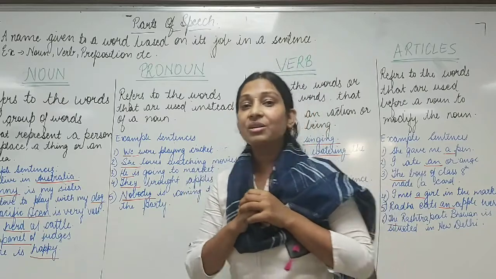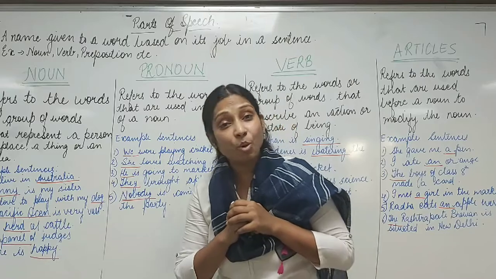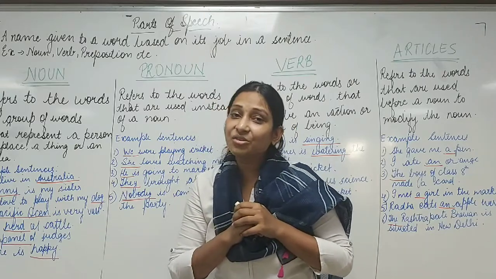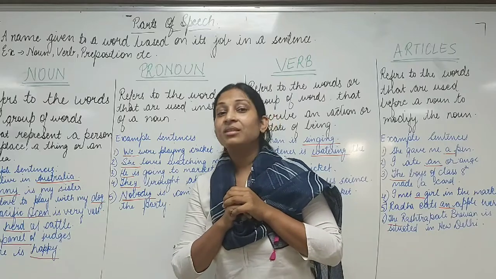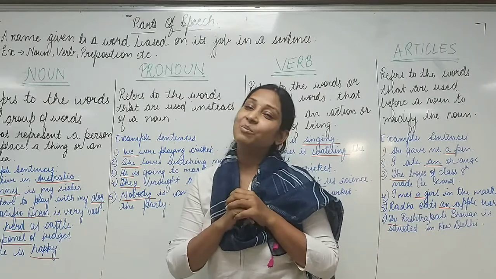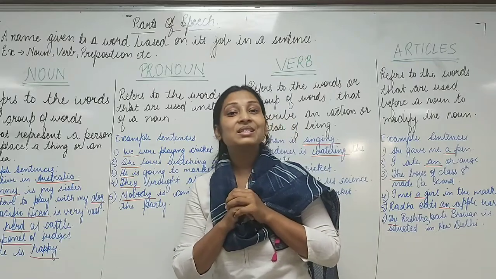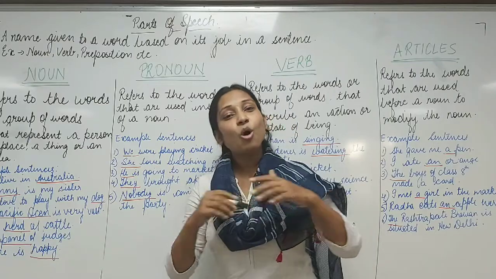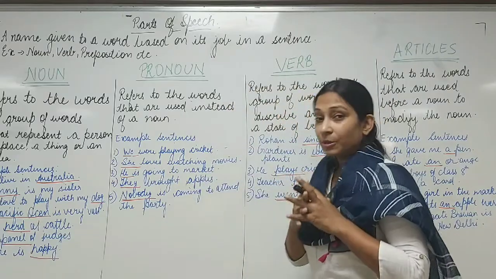Clear? How, children? If I am using he instead of the name of the boy, what is it, children? Pronoun. If I am using she instead of the name of a girl, it is a pronoun. They, we, nobody, somebody, someone, all these are pronouns. Clear? Next is verbs, children.